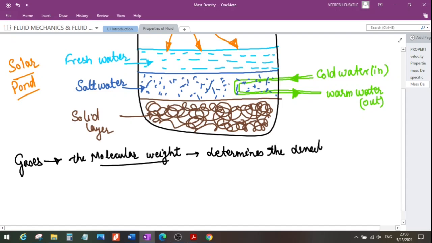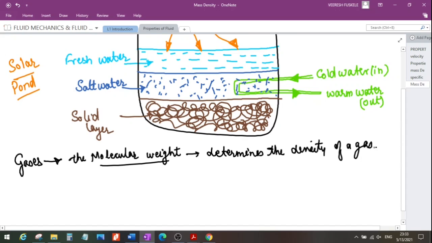of a gas. Basically, what I mean to say is that the density of a gas at a given pressure and temperature is basically proportional to the molecular weight, right?